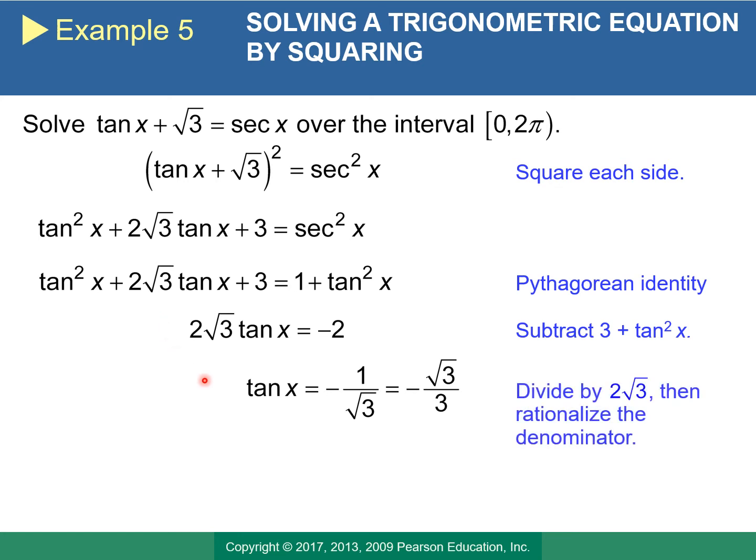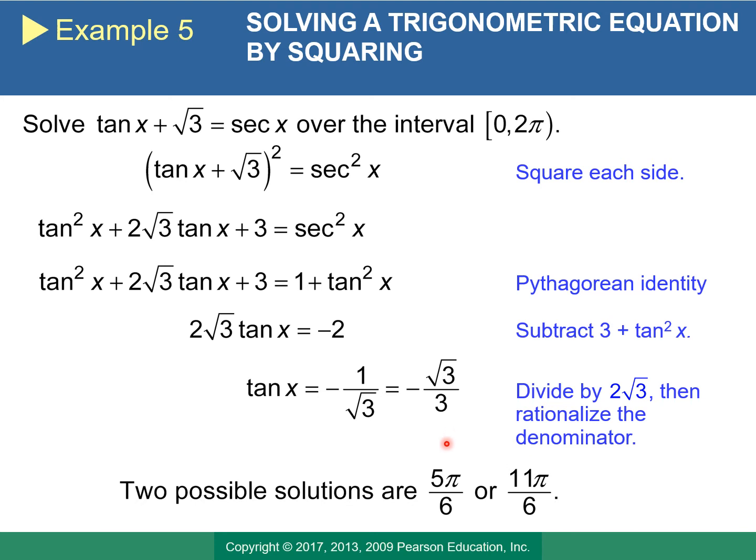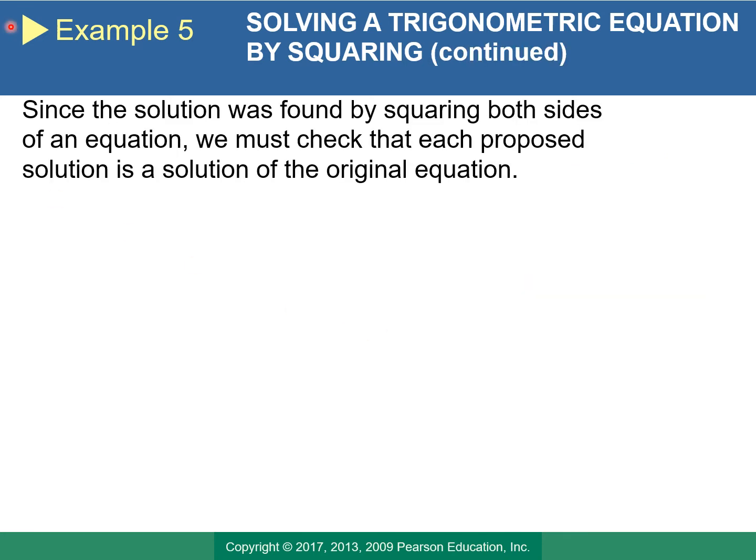And so solving for tangent x, you divide by 2 square root 3 and simplify and rationalize. So we know that tangent x is negative root 3 over 3, and then we have to think about, well, what is x on our unit circle from 0 to 2 pi if the tangent value of x is negative root 3 over 3. And so those two places on our unit circle would be 5 pi over 6 and 11 pi over 6.